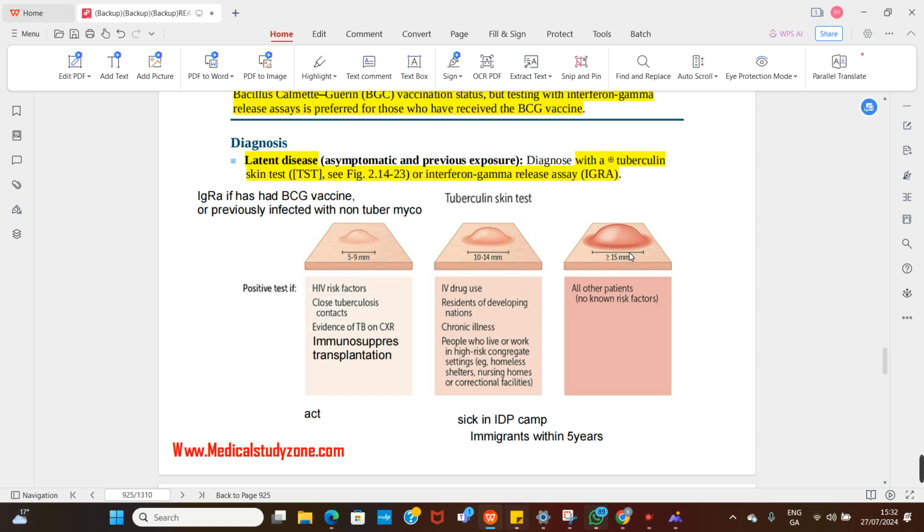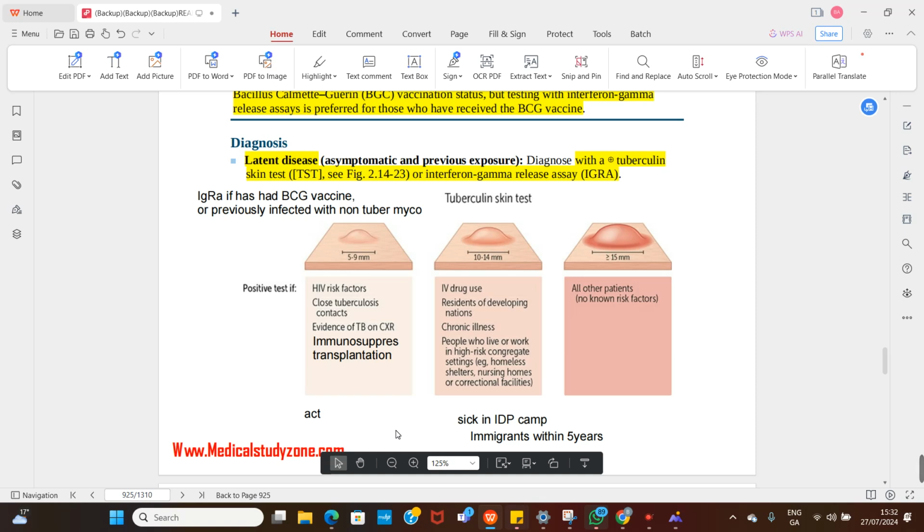Now, you bring the threshold down in people with some conditions. That's where I put in the acronym: I'm going to bring the threshold down in sick people in IDP camp.